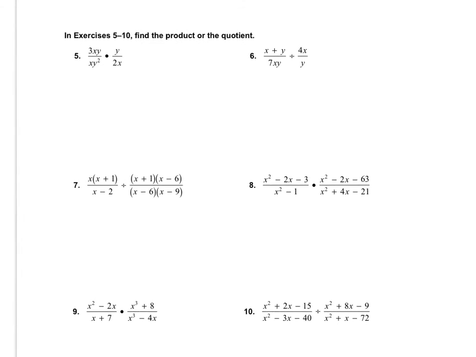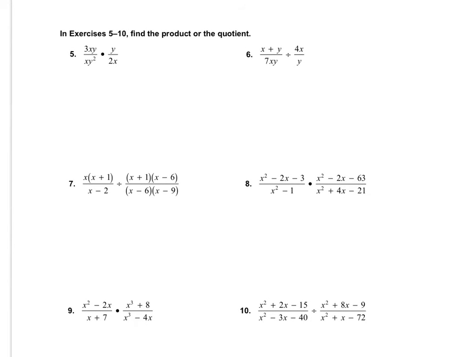Go ahead and try 5, 7, and 9, or try 5. I'm going to pause the video here, and then I'm going to do number 5, and then you can do it on your own and see if you get the correct answer. Whenever you're ready with the answer to number 5, go ahead and hit play.